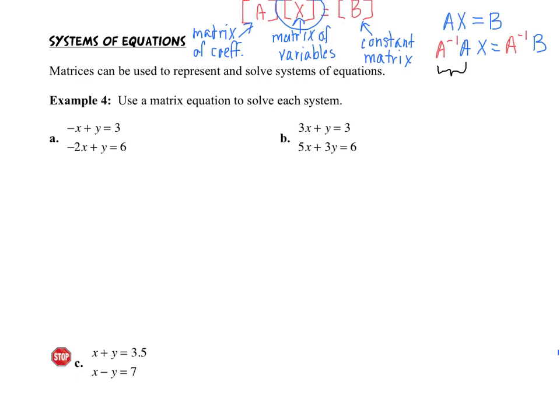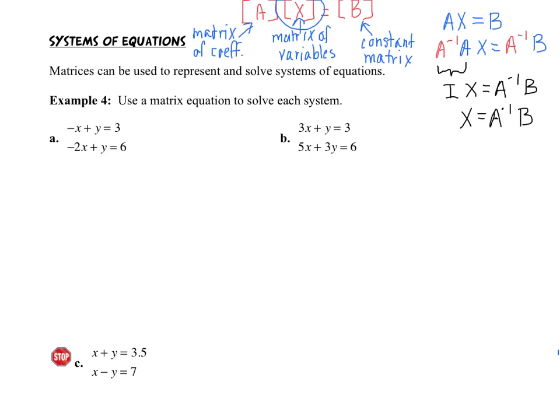And if you take a matrix and you multiply it by its inverse, you get the identity. So we would have at this point the identity times X equals A inverse times B. And the first definition I told you is that the identity matrix is one that if you multiply it by a matrix, you're not going to change that matrix. So what you end up with is X equals A inverse B.